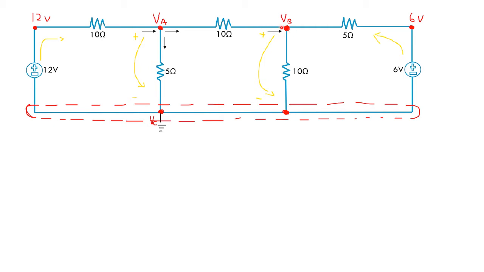Same like this one, the current will go through VB from VA and enter the node. Next, it will leave the node and go to the reference node, and the current from 6 volt here will enter node VB.